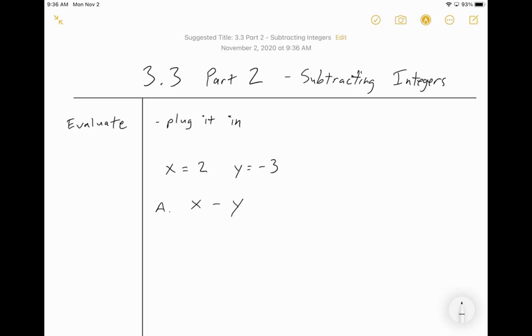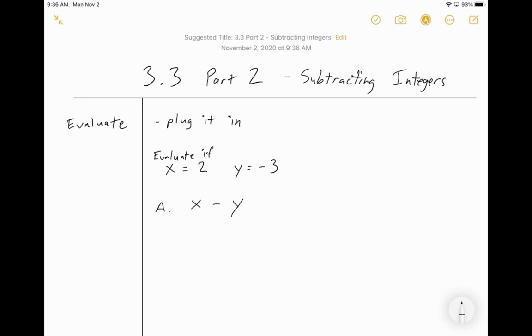This is a little bit tricky, so I'm going to go along with this and help you out. The full problem would be: evaluate if x equals 2 and y equals negative 3.